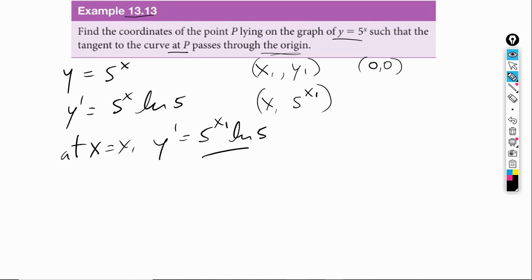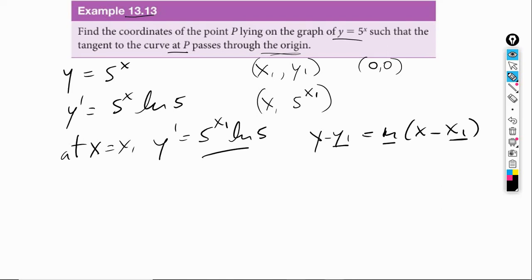So let's recall that the point slope formula is in the form y minus y1 is equal to m times x minus x1. So in this formula, this is the slope, this is the x-coordinate of the point of tangency, and this is the y-coordinate of the point of tangency.